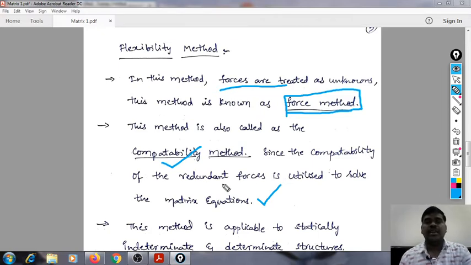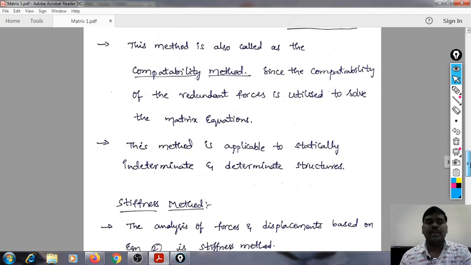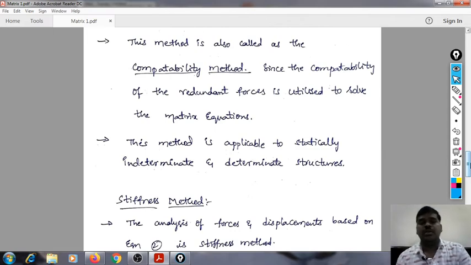So for redundant forces, the compatibility is taken in the flexibility method. That method is also called a compatibility method, as said in the second statement. Next, coming to the last point, this method is applicable to statically indeterminate and also determinate structures.